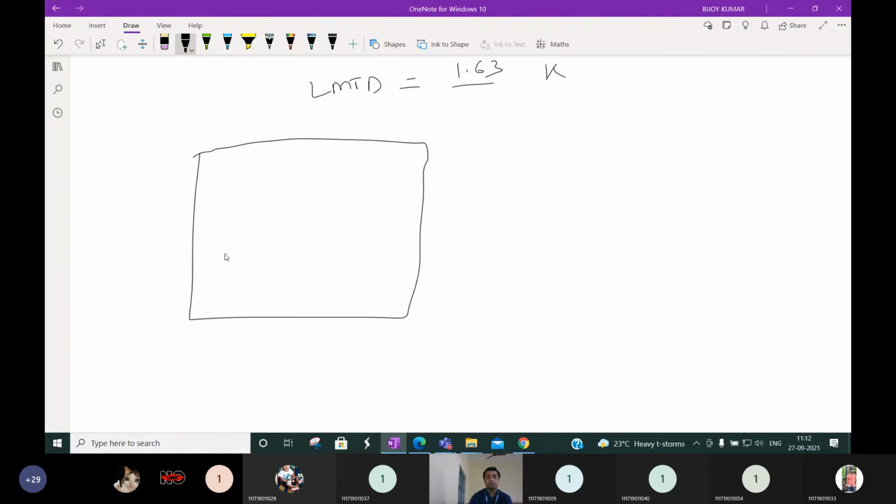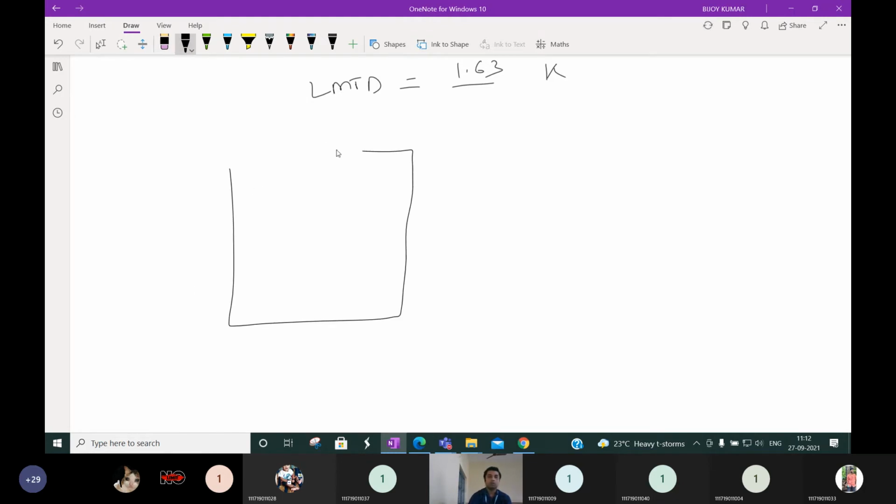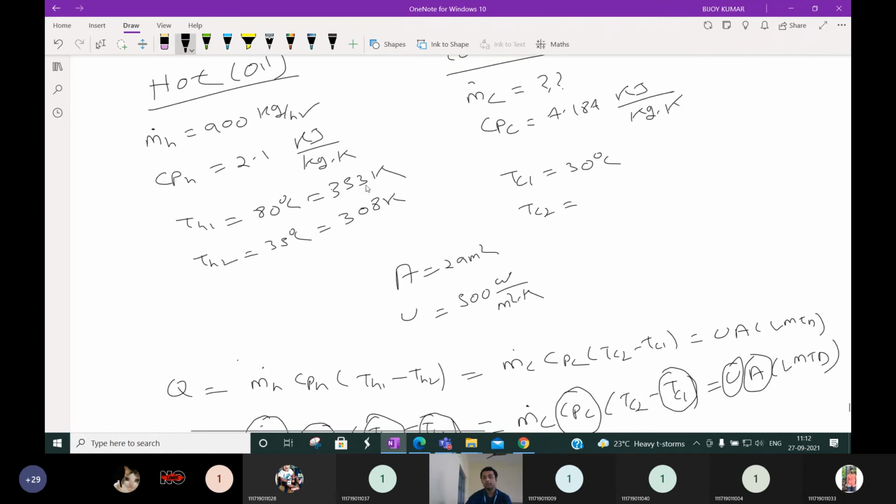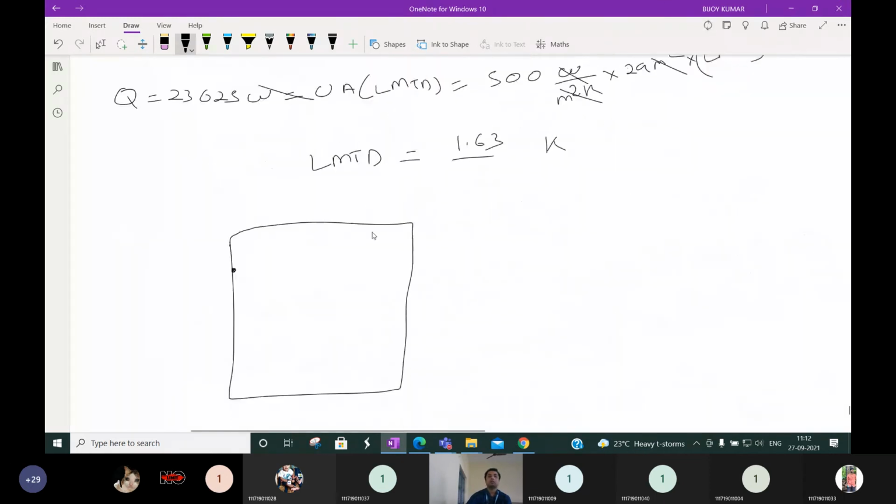So water is entering at, oil is entering at 80 degrees centigrade, or you can say 353 Kelvin, and leaving at 308. Okay.